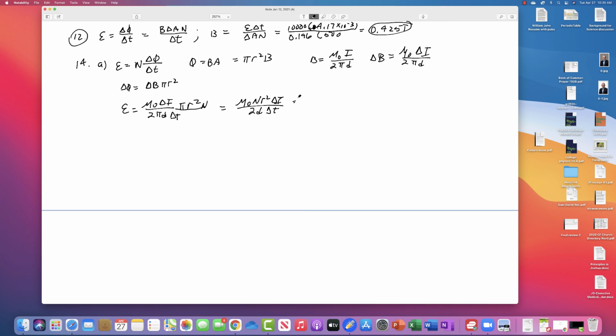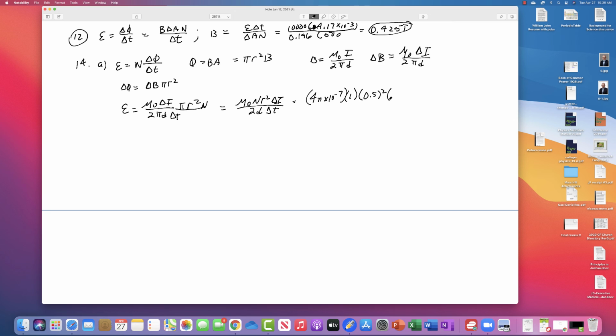And if you put numbers in here, you have 4 pi times 10 to the minus 7. That's mu 0. The number of turns is 1. R is 0.5 squared.